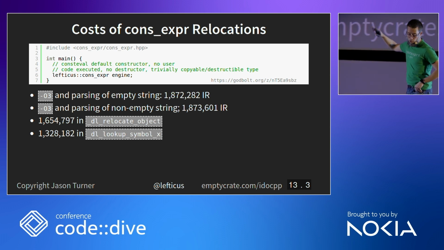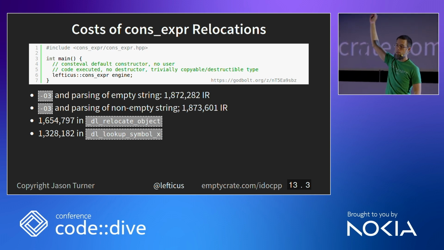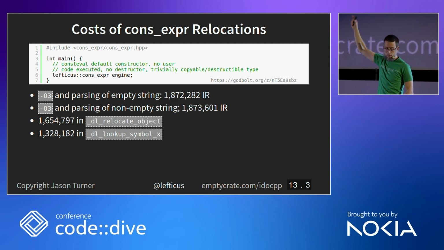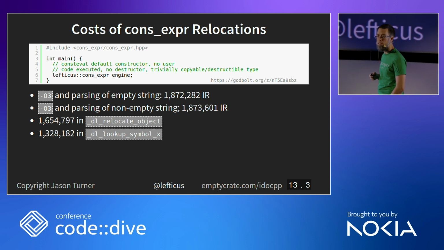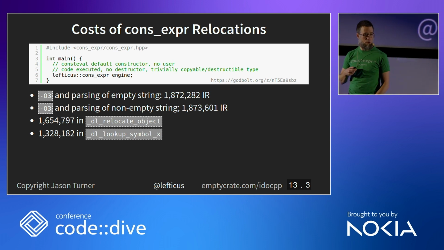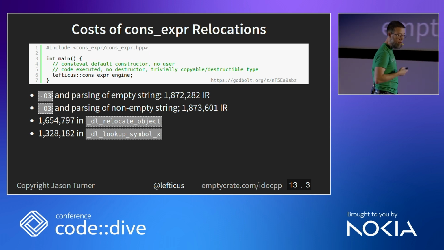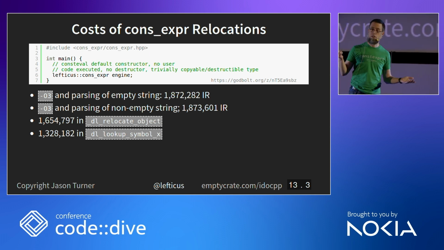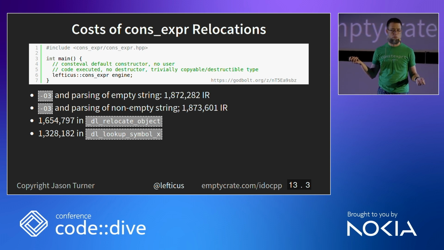OK, so 1.6 million, what is that, like 95% or whatever, is spent in DL relocate object. I think that's interesting because I thought that it was free to construct an object of this type. It is clearly not free. Now, to be fair, 1.6 million instructions, how fast is your CPU?